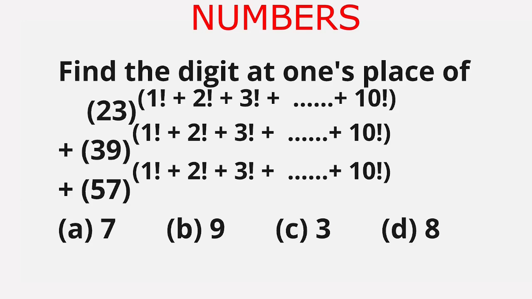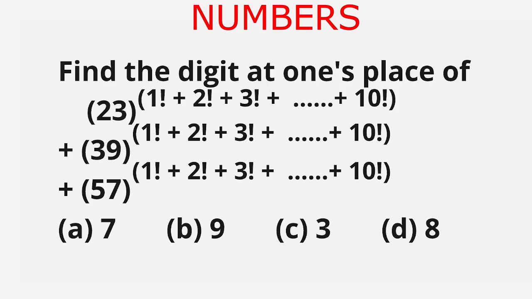Our question is, find the digit at ones place of 23 raised to power 1 factorial plus 2 factorial plus 3 factorial plus up to 10 factorial, plus 39 raised to power 1 factorial plus 2 factorial plus 3 factorial plus up to 10 factorial, plus 57 raised to power 1 factorial plus 2 factorial plus 3 factorial plus up to 10 factorial.